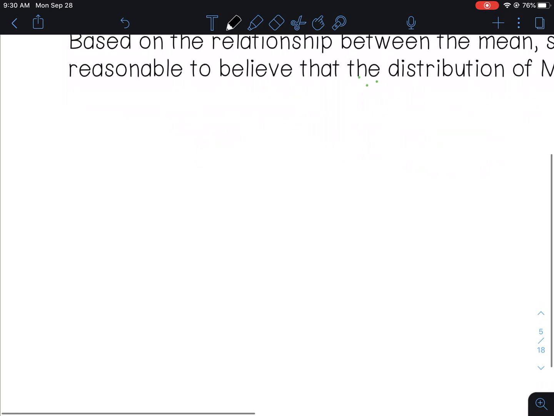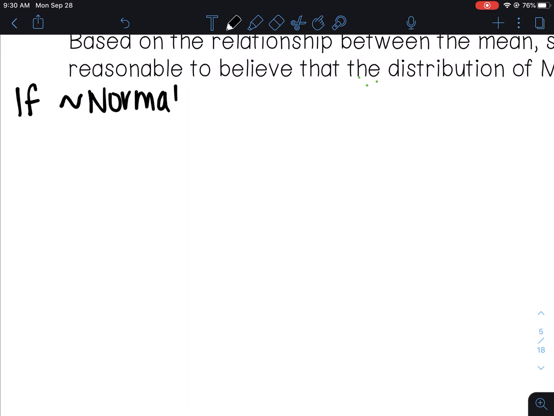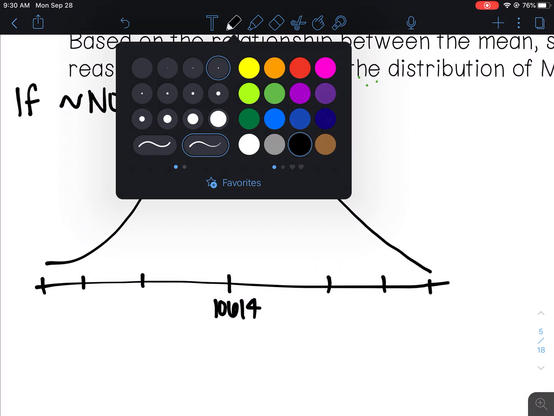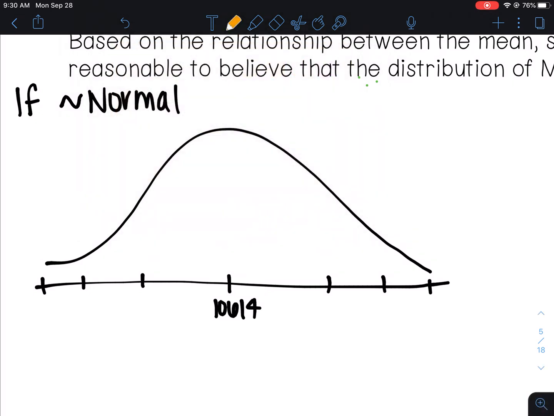So what I'm going to do is say "if approximately normal," and then draw a curve. If this is approximately normal, I've got the mean in the middle, and I've got my standard deviations. My minimum is going to fall about right here, at 1,873.